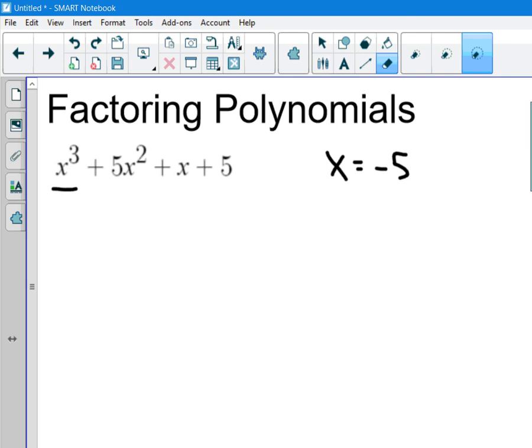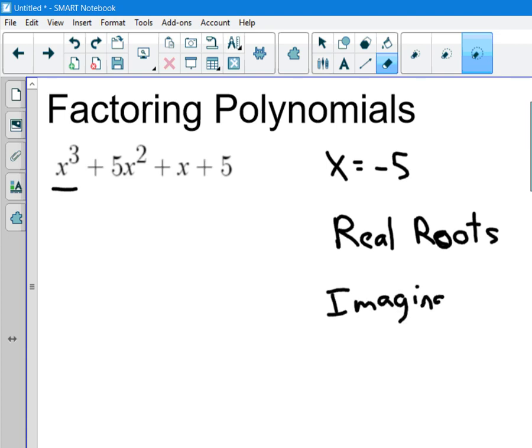This is a degree 3 polynomial, which means that we have at most 3 real roots. But we are guaranteed to have 3 complex roots, or again, solutions. So if I said real roots, and I also looked at imaginary roots, the thing with this is that the imaginary roots must always come in pairs.